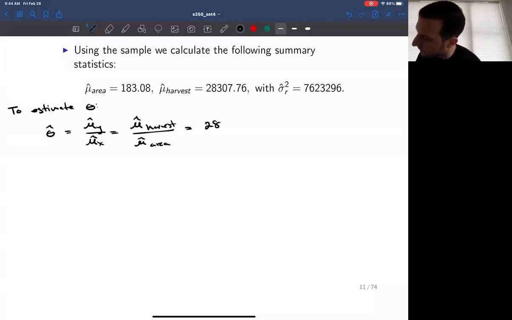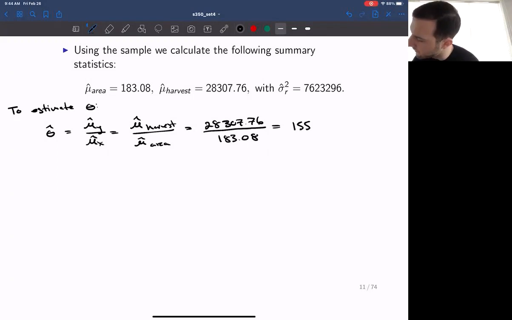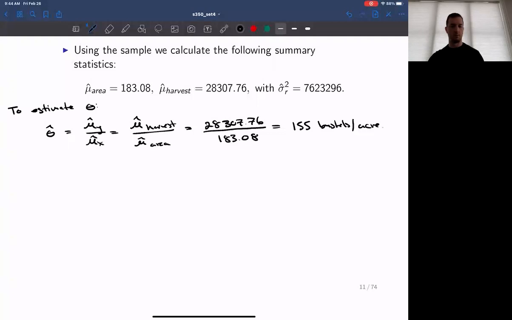This will be 28,307.76 divided by 183.08. And that should give us a value of approximately 155 bushels per acre.